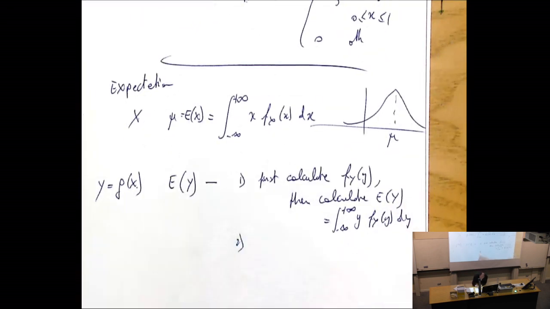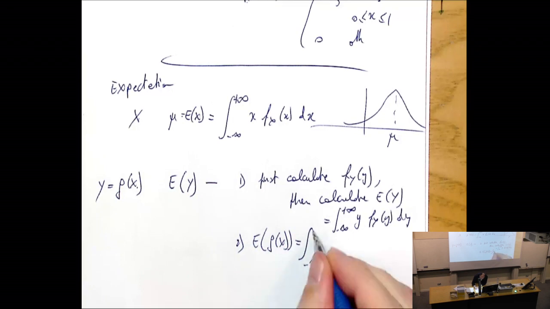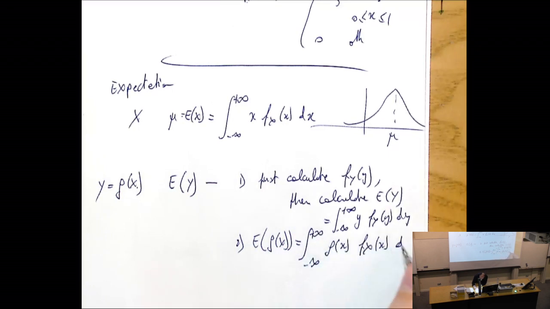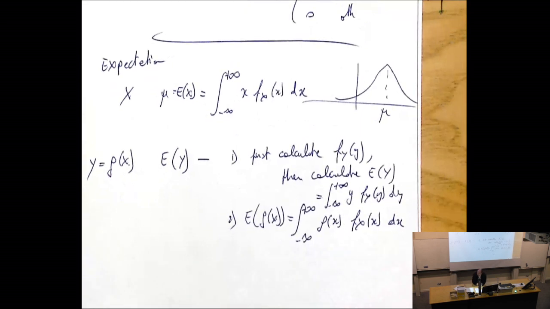Or you could say that the expectation of g(x) is the integral between minus infinity and plus infinity of g(x) multiplied by the PDF of x. So those are two different ways of doing it. When we looked at, for instance, the log normal random variable or the chi-square random variable, we tried to find the PDF of that random variable, and from there you can compute its theoretical mean, or its expectation.